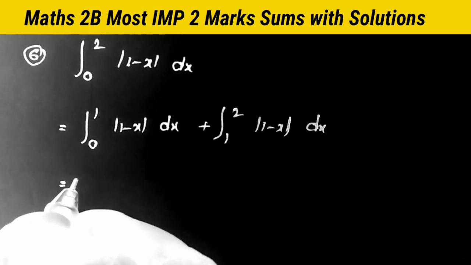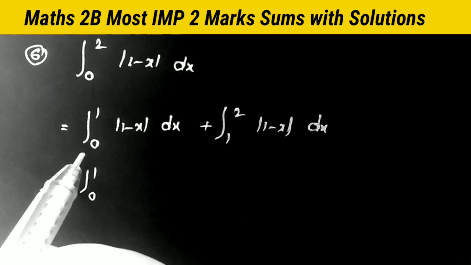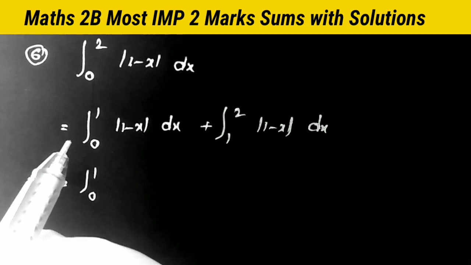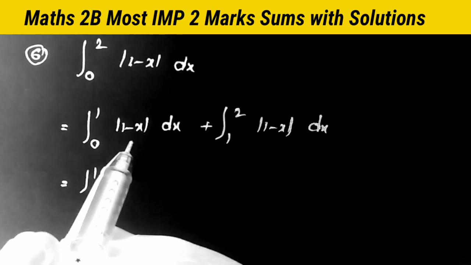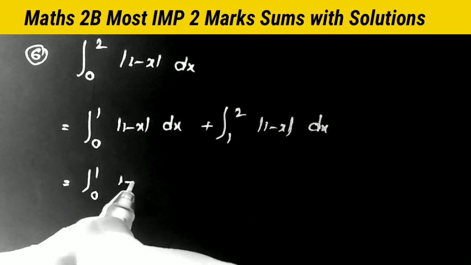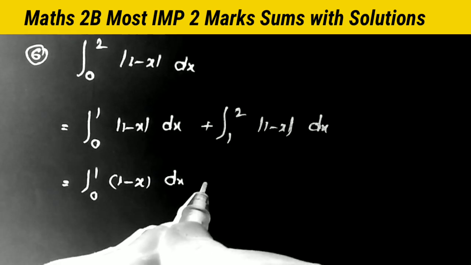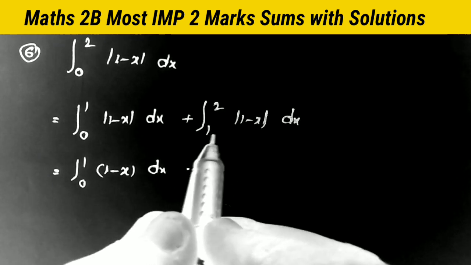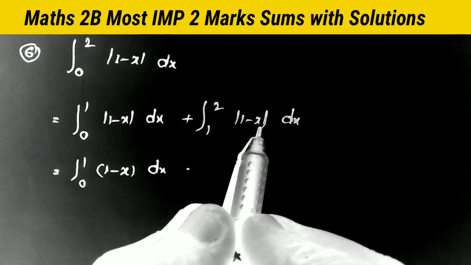Now this is equal to integral 0 to 1. So here we take a value which lies between 0 and 1. That is, when I take the value 0.5, 1 minus 0.5 is equal to 0.5, a positive value. So this value is a plus value. And when I replace any value between 1 and 2, that is when I take 1.5, what we get, 1 minus 1.5 is equal to minus 0.5.